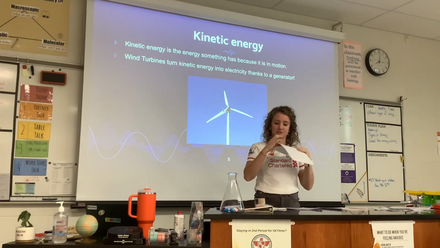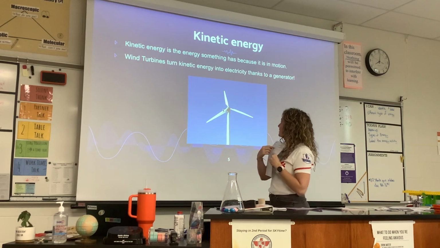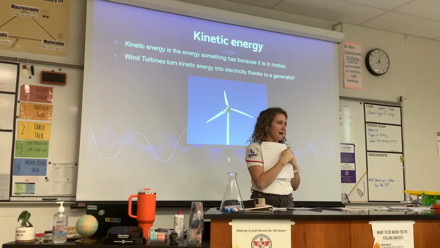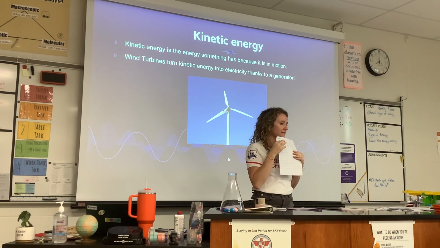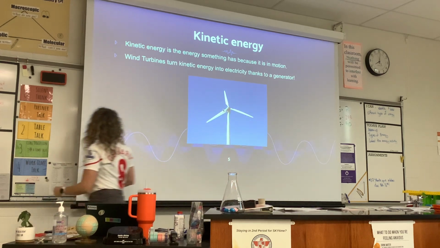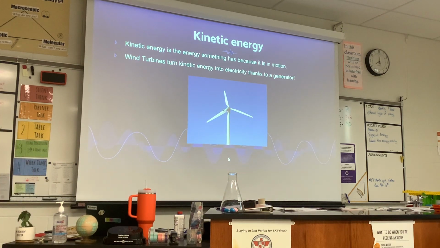Okay, so our first type of energy, this is the first box right here. You'll put the type of energy, so it's kinetic energy, describe what it is, and then we'll put our examples in the last box. So this is the first one you should fill in right here. Kinetic energy is the energy something has because it's in motion.